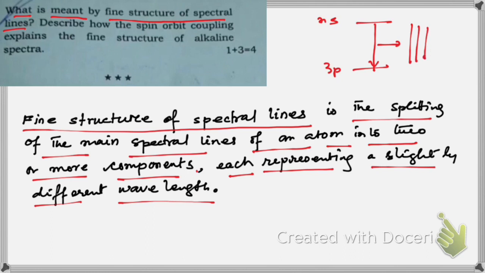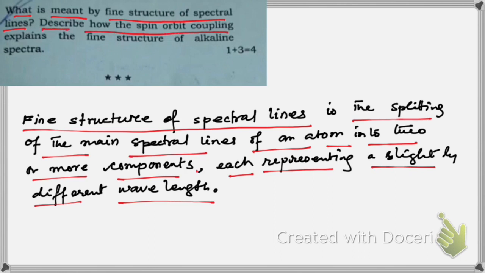We're going to discuss it later, and these fine components are nothing but the fine structure of spectral lines. You will understand these things when I explain the next part of the question.